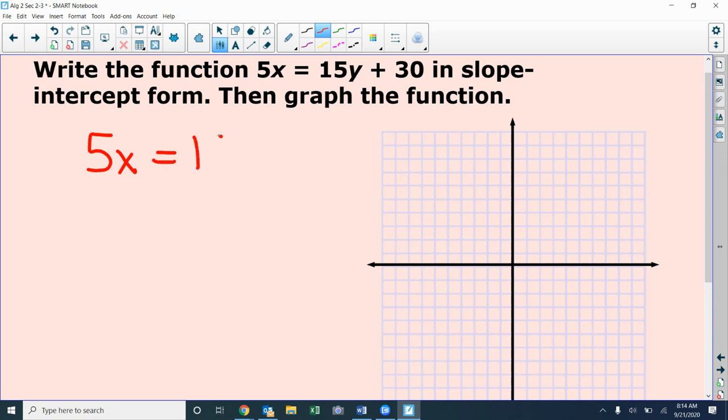5x is equal to 15y plus 30. Find the intercepts. Sketch a quick little graph.